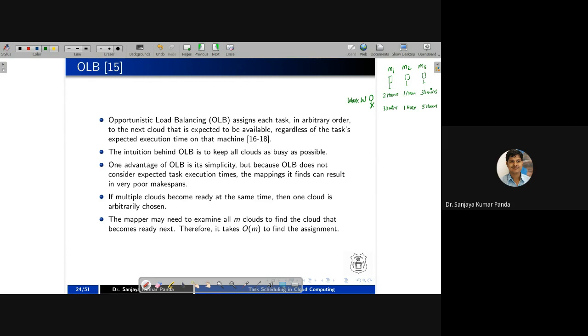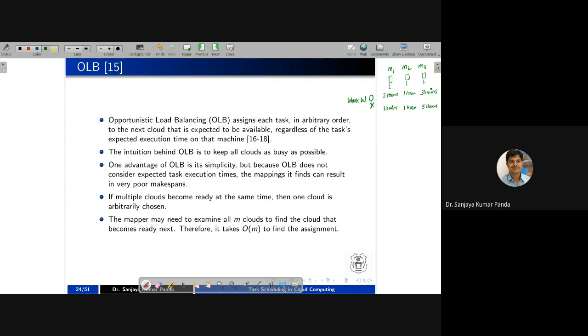If you take a recent machine, then definitely the time required to complete a particular task is less. So it is not looking into this expected execution time. Like it will complete around 5 hours 30 minutes, it is going to complete after 2 hours, it will complete in 2 hours 30 minutes. We are not looking into that. Simply we see which cloud is going to be available first. Accordingly, we are going to assign it.